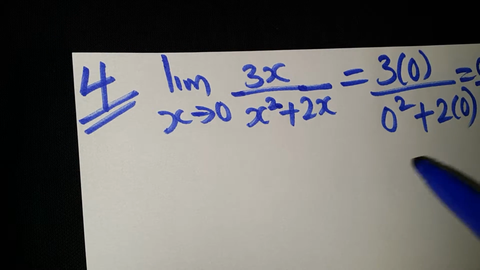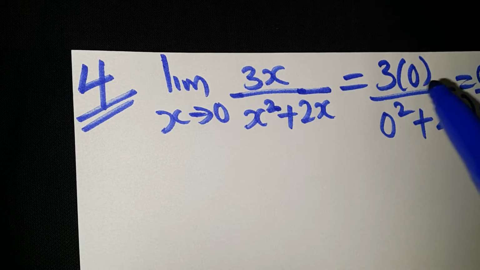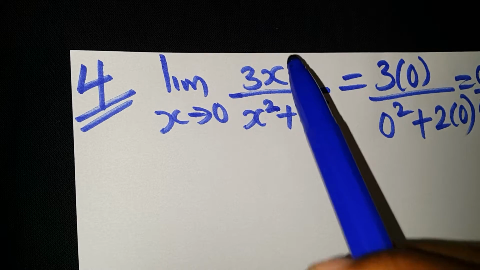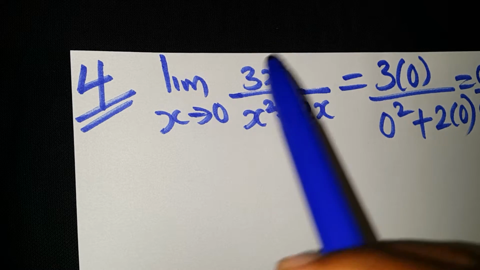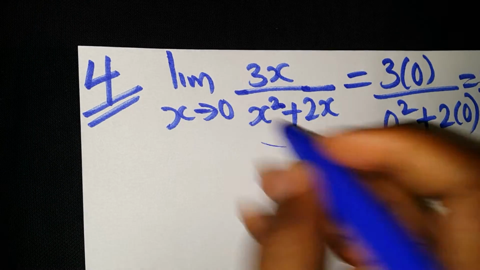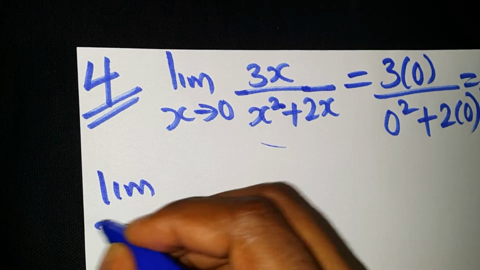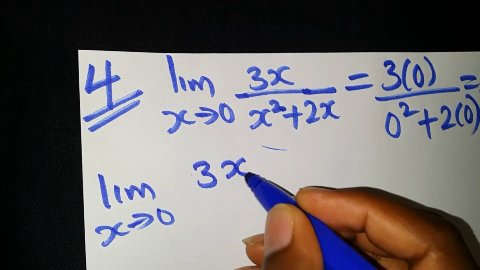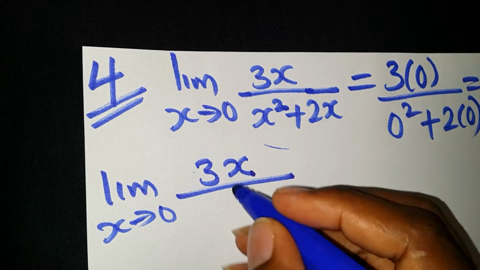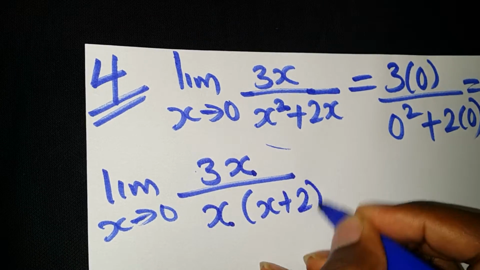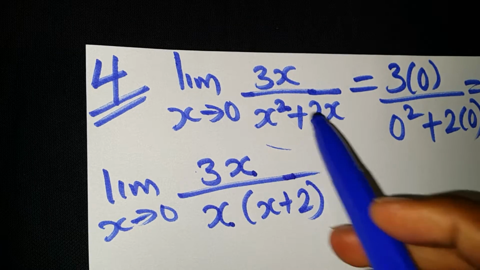Now we can check again and see where our x has power. Our x is not having any power here, but it's having power here. So we can expand this function. By expanding this, we have the limit as x tends to 0 of 3x divided by x(x plus 2). So I've expanded this.